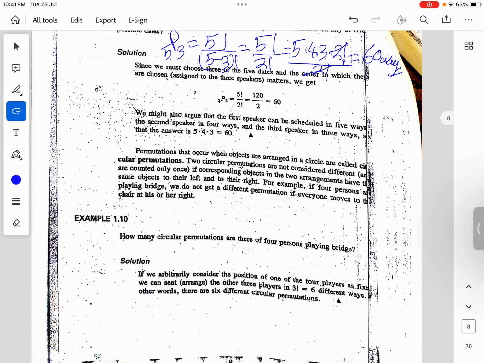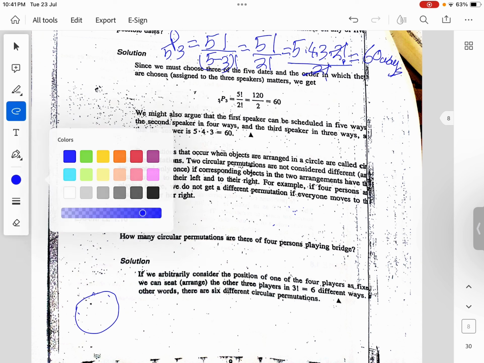Suppose you have a circular table like this. We consider the biggest one in your family is sitting here.